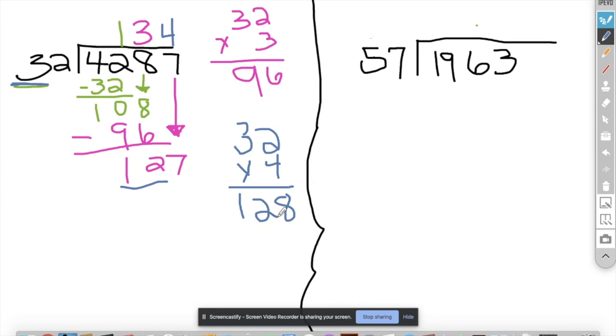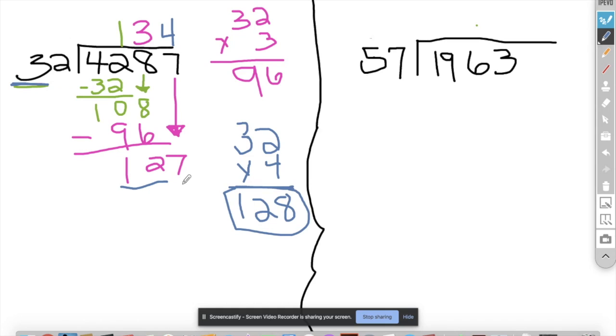12. Okay, so this is where, if you remember, I told you that there were going to be problems sometimes. 128 is bigger than 127. So I can't use 128. I have to use 96.